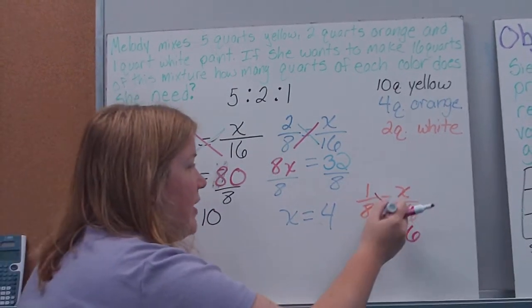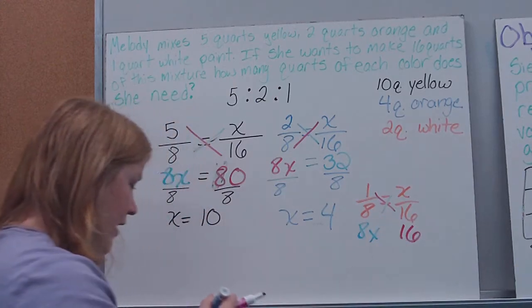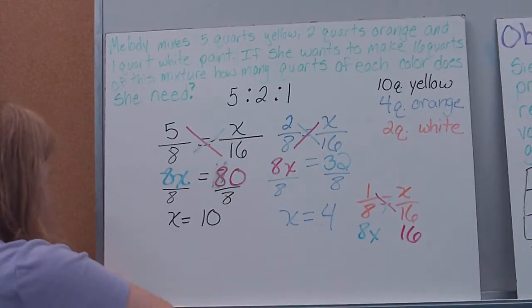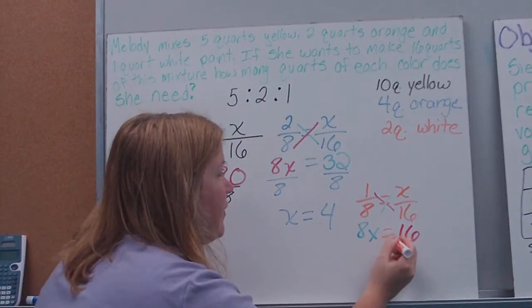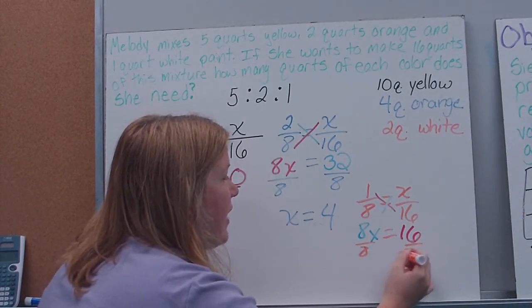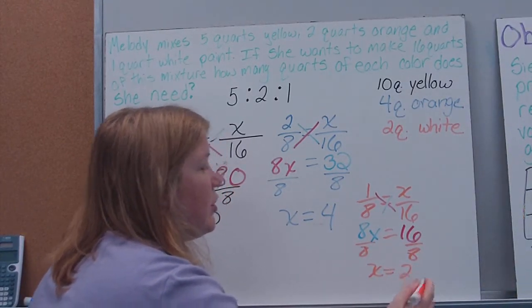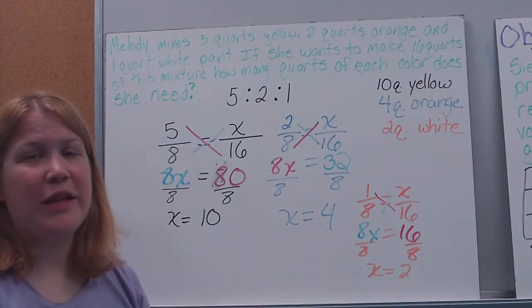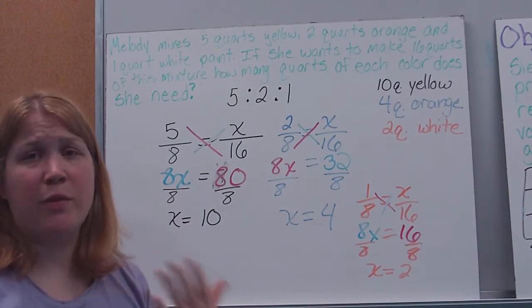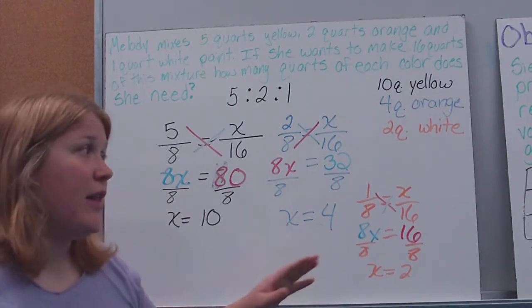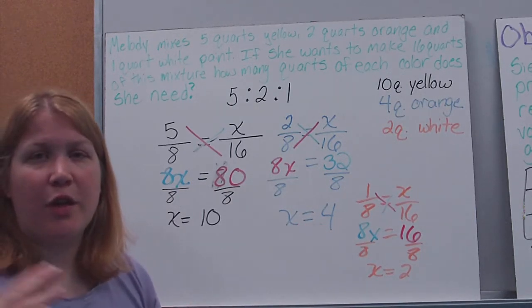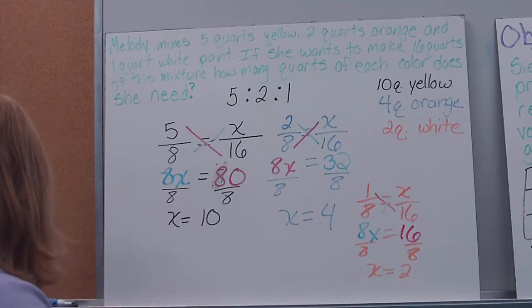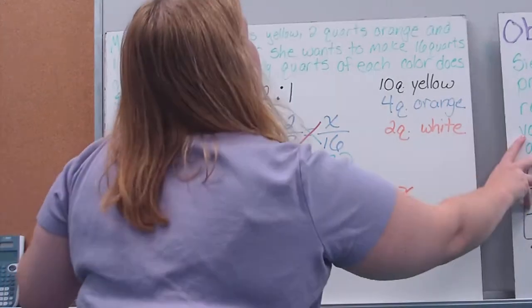So there I get 16, here I get 8x, and then when I solve, I find out that indeed 2 quarts would be white. But really, once it comes down to that last one, it's easiest to just use subtraction to find it, and then you don't have to set up another proportion. All right, so let's take a look at another one.